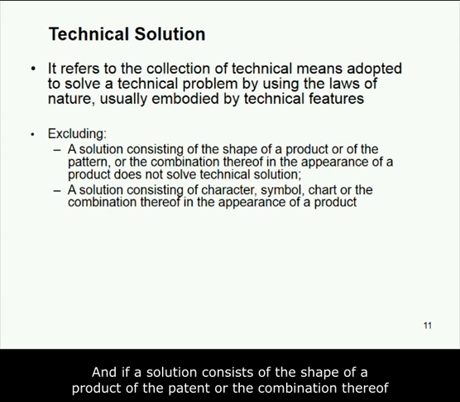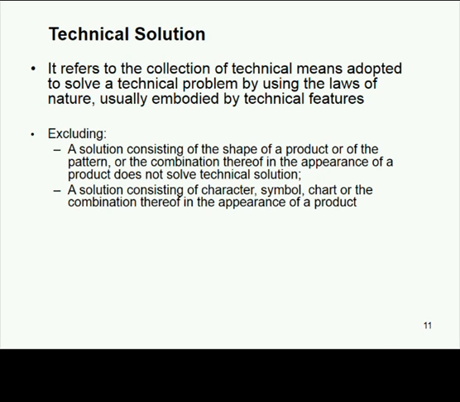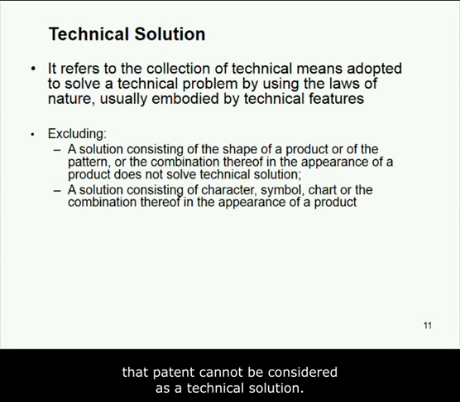And if a solution consists of the shape of a product, of the pattern, or of the combination thereof, in the appearance, only the appearance of product, that cannot be considered as a technical solution.